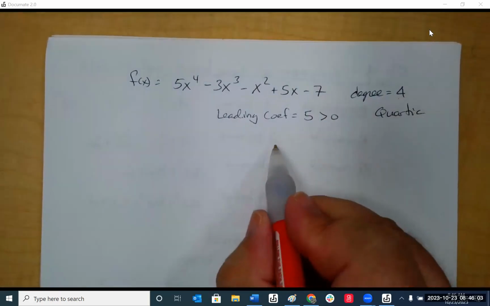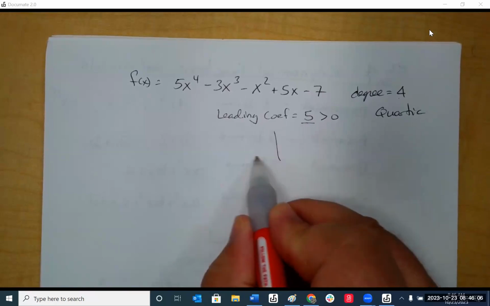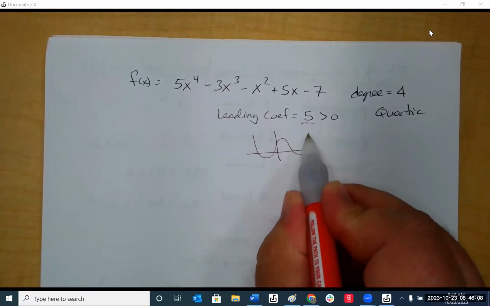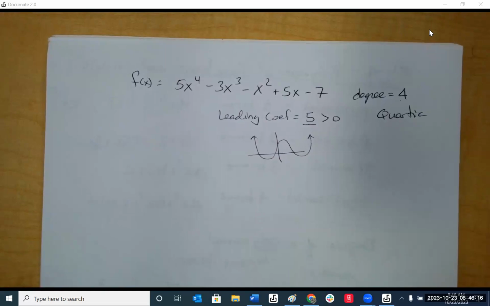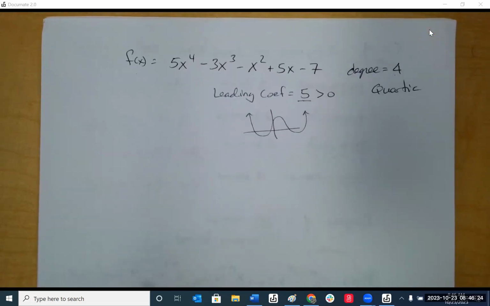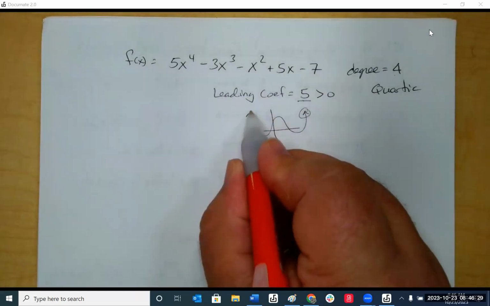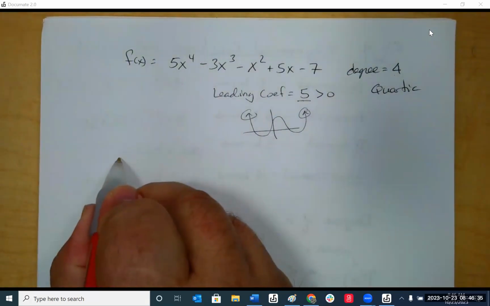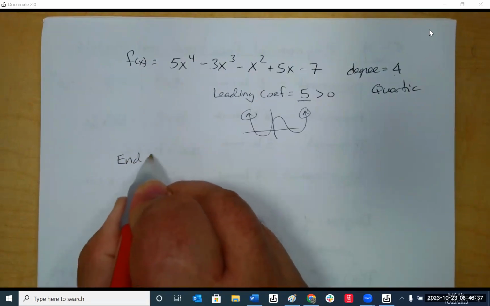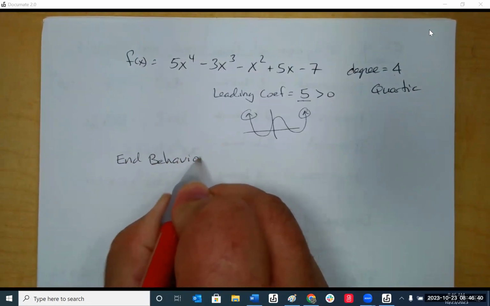So since it's degree 4 and it's a positive leading coefficient, our equation will look like this. It's an increasing equation. Both ends go up. I talked about this about a month ago. These are called end behaviors, where both ends of the graph point in a direction. End behavior.